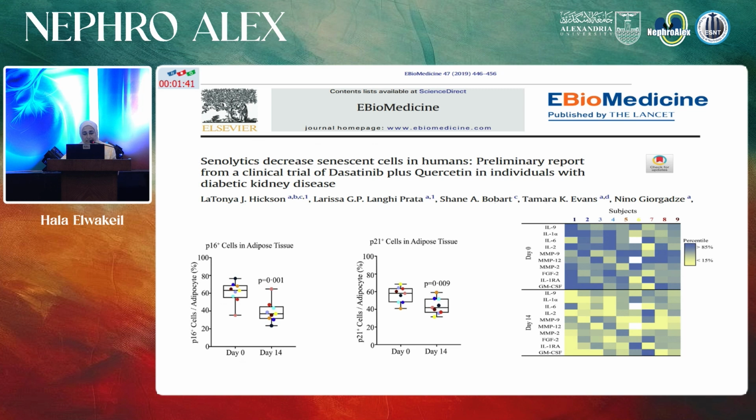Dasatinib was used in a very primitive study, and it was found that it decreased the senescent cells, those with senescence biomarkers, the P16 positive and P21 positive adipose cells, and there is a concomitant decrease in the cytokines, but the clinical effect was not proved.